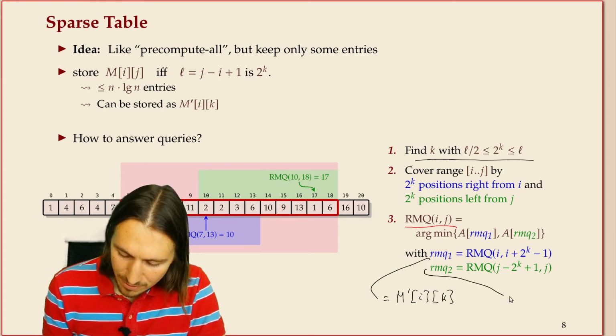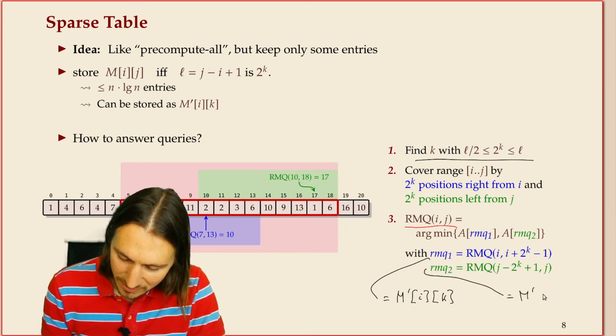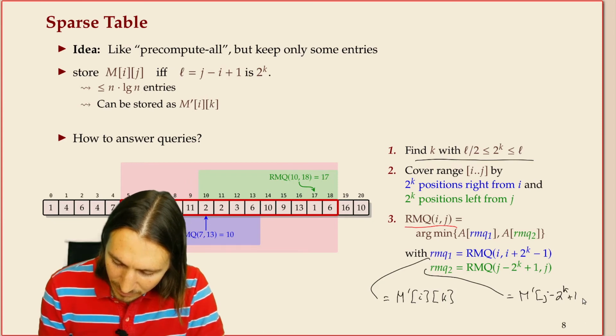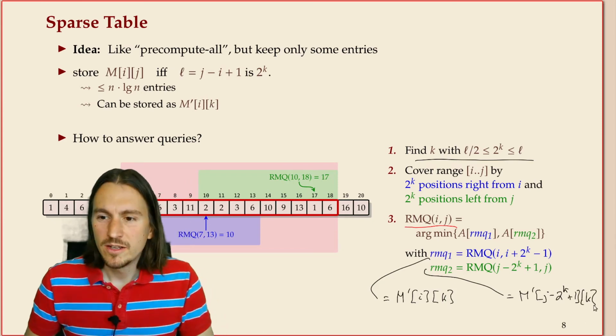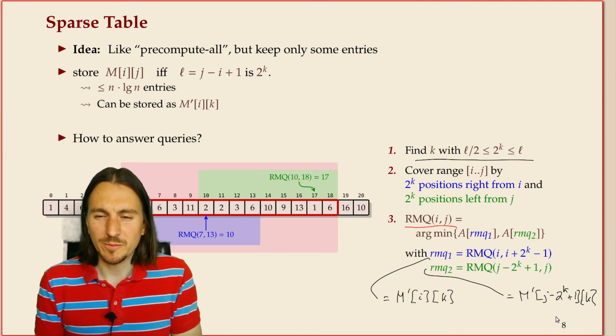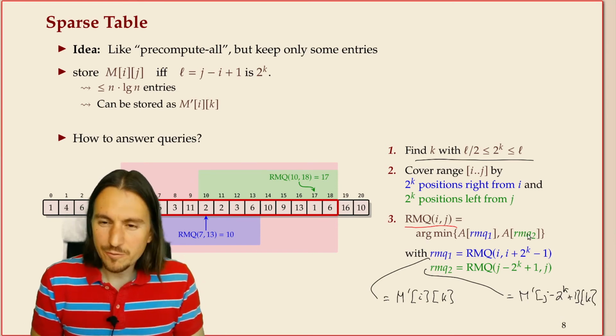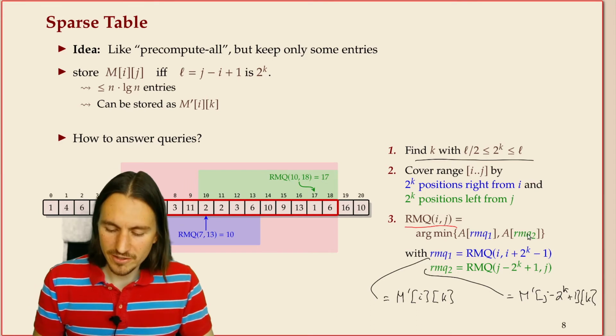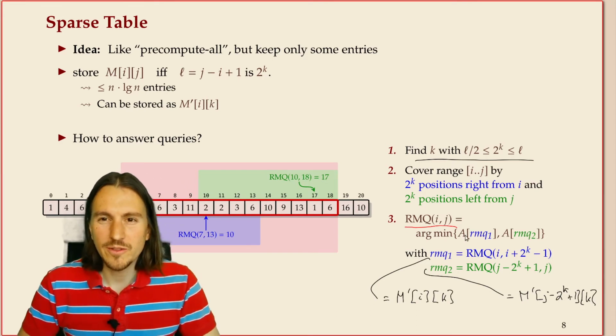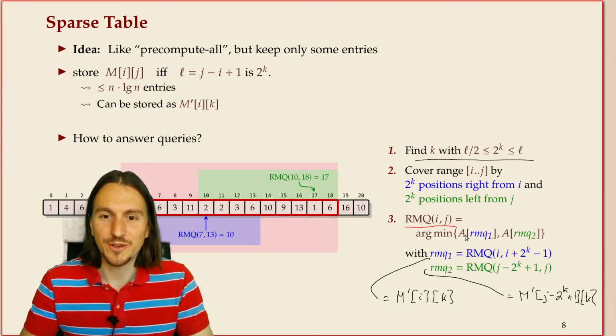And we can do the same thing for the other one. Here it's not quite as nice because we have to copy this nasty expression for the starting index. But still not too bad. So this is just 2 table lookups. And then finding which one is smaller is just looking at these 2 positions in the array and returning the smaller one.